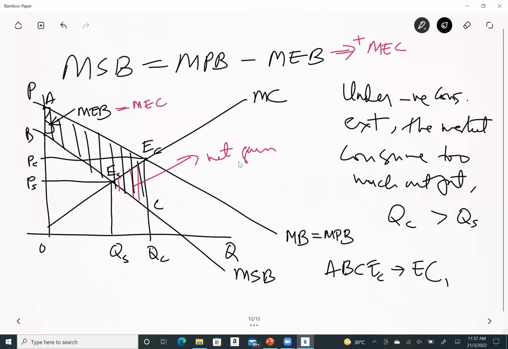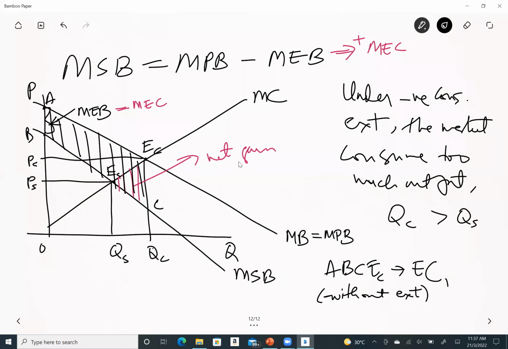All right, without negative externality. Okay, without externality. So we don't take care of the externality. You have the competitive equilibrium. The external cost is that area.